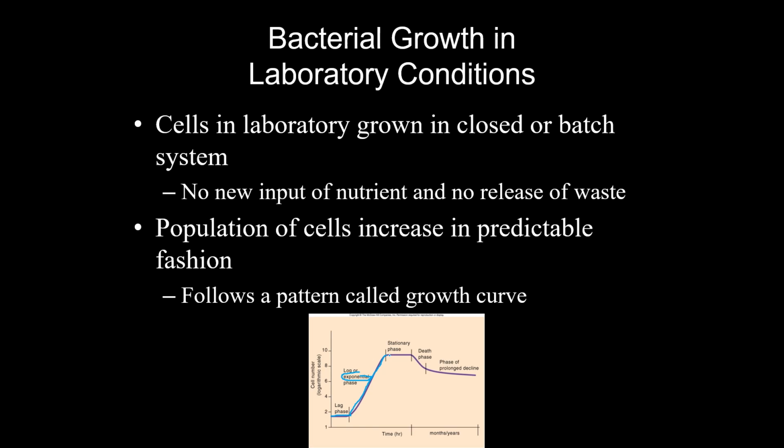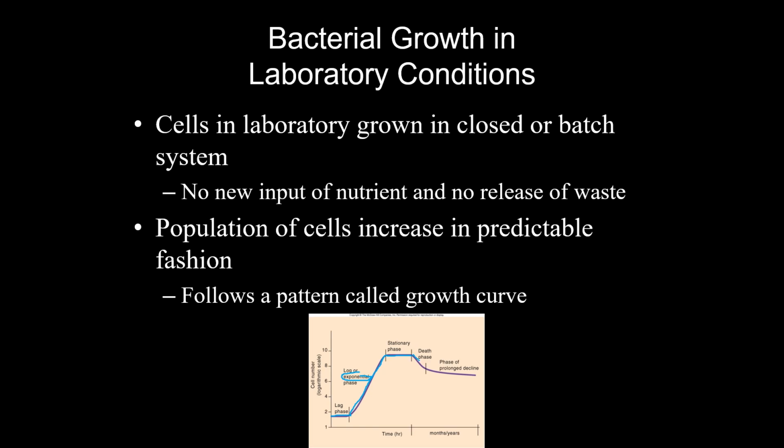Next up, stationary phase. What happens here is they're starting to run out of nutrients in the medium that you're growing them in. So some of the cells are starting to starve to death, but other cells are doing okay and they're still reproducing. So what's happening during the stationary phase is the birth rate and the death rate are equal to each other, so the population stagnates and the number stays the same, but we do have birth and death. It's just that those things are equal.